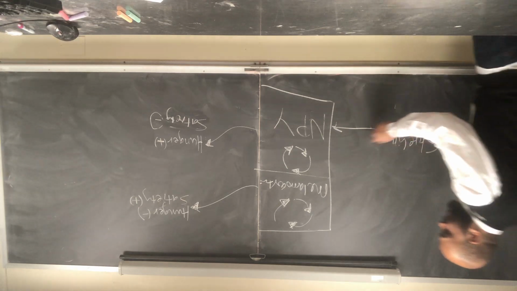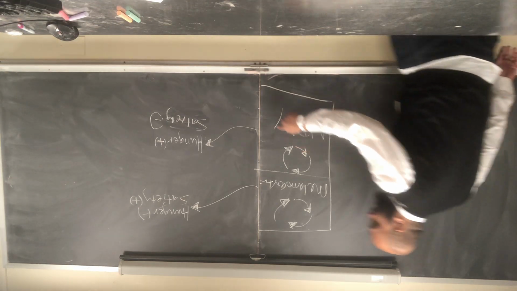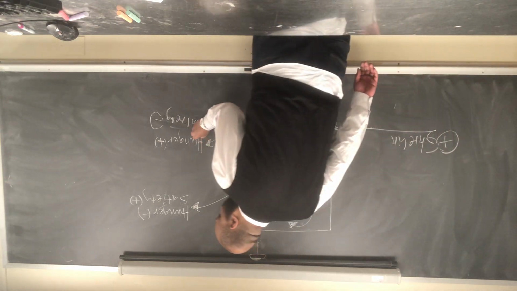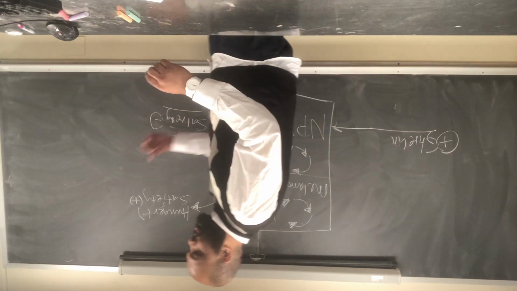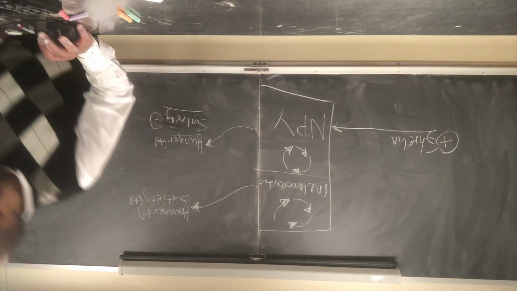So ghrelin would stimulate neuropeptide gamma, and then neuropeptide gamma would make you feel hungry and less full, and that would lead you to the intake of food.